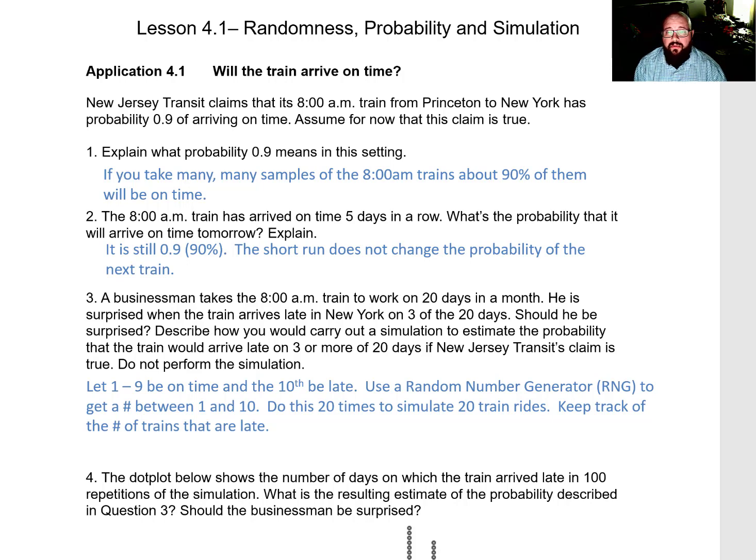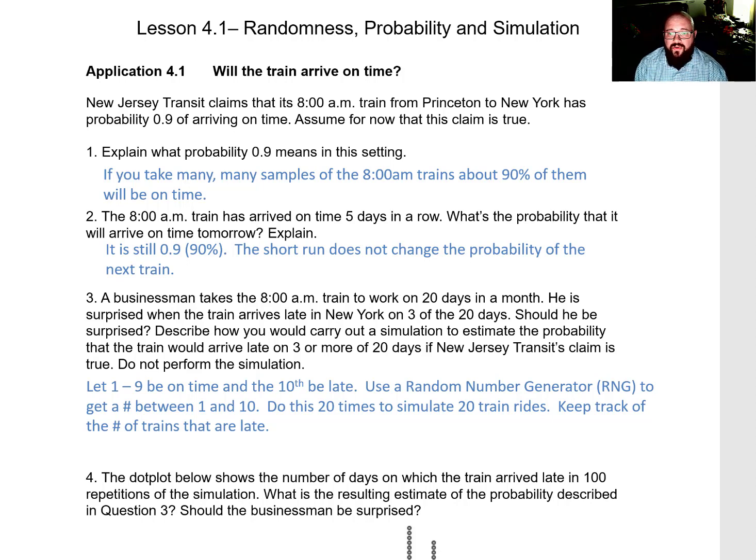So we're going to use a random number generator to get the numbers between 1 and 10, and we'll do that 20 times to simulate the 20 train rides. And to see if his complaint was worth the effort or not, we'll keep track of the number of times it was late.